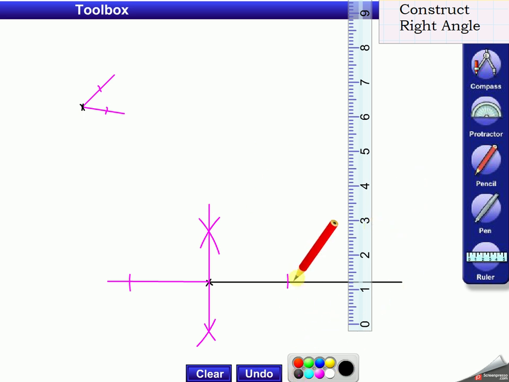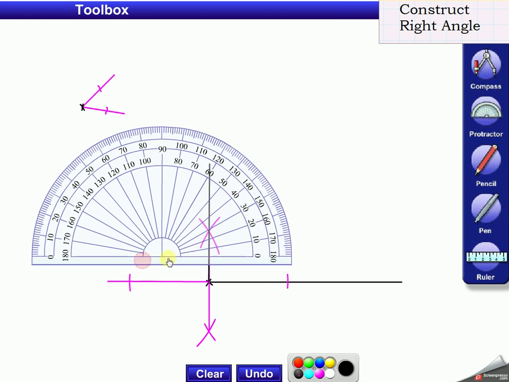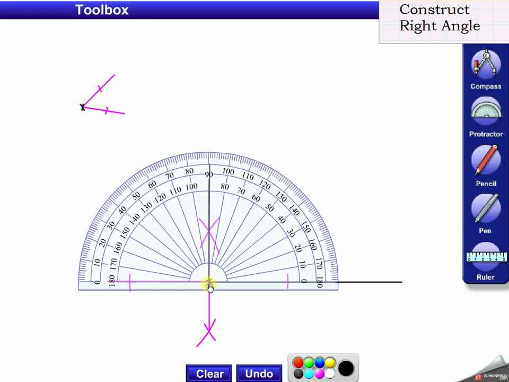To create an actual right angle at this corner, I just need to connect the point we started with and one of these lines, and we create a right angle. I can check that with my protractor, move it in, and I've now got a nice 90 degree angle, and I've created it at one end of a line.